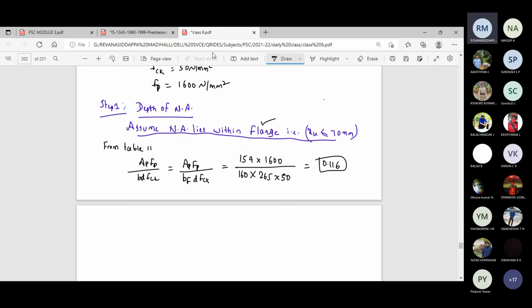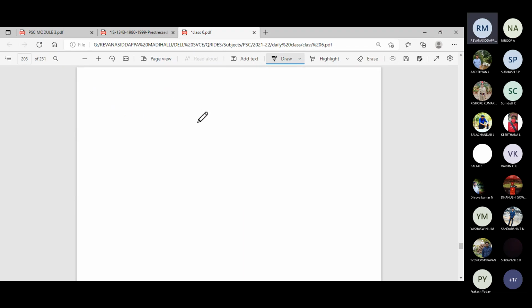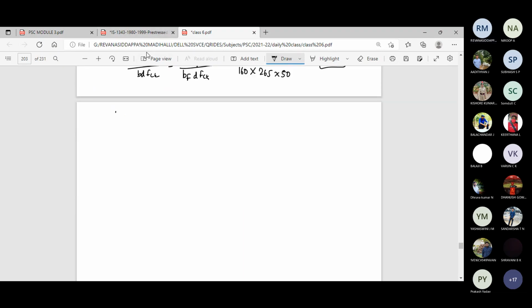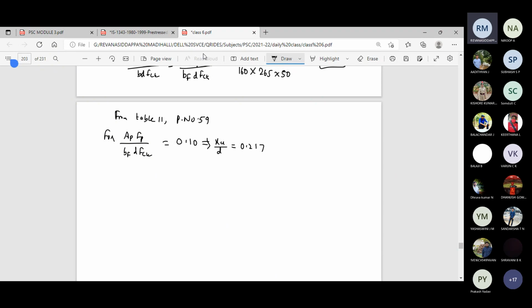Therefore, from table 11, page number 59, for Ap fp by width of flange into d fck equal to 0.10, corresponding xu by d is 0.217.